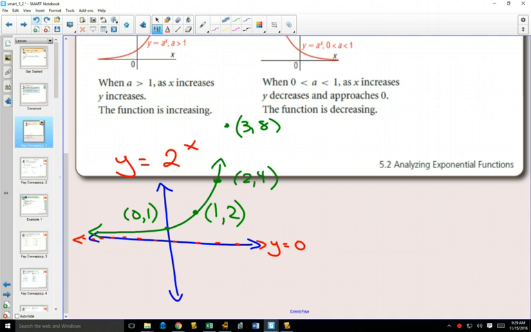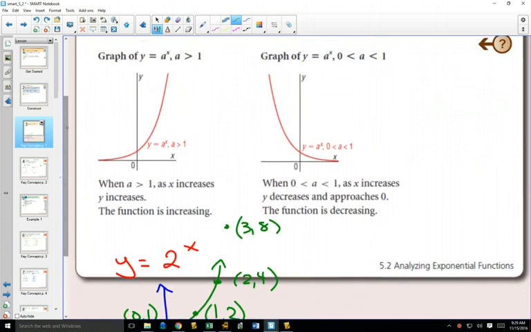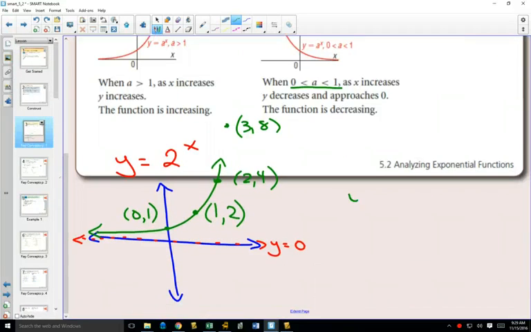Now, anytime that your base is between 0 and 1, and that's what it says right here, then the graph is decreasing. So for example, if I were to graph 1/5 to the x, thank you.